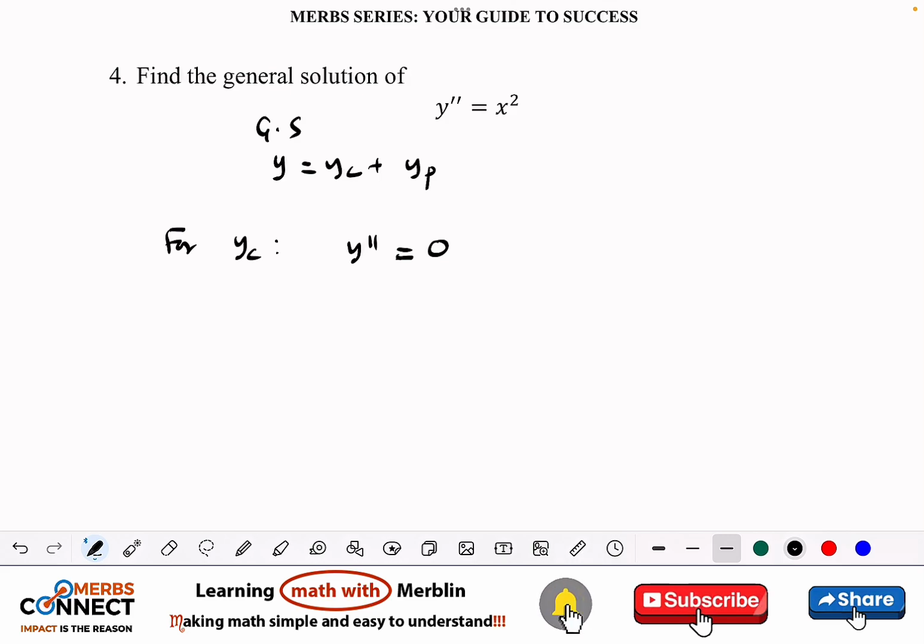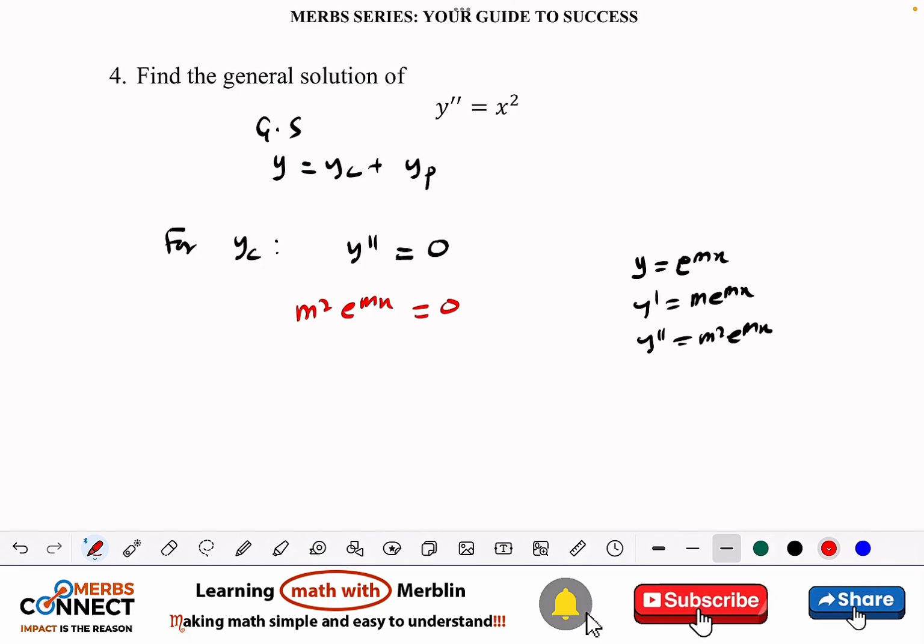So let y be equal to e to the power mx, y prime is equal to this, and y prime prime is equal to m squared times that. So this is going to give us m squared e to the power this is equal to 0, because we have y prime prime to be 0.